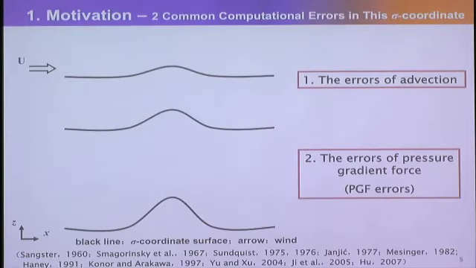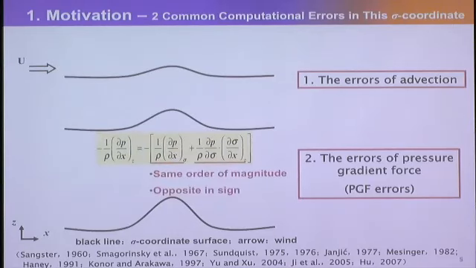There are two well-known computational errors in the sigma coordinate. First one is the errors of the advection, and the second one is the error of pressure gradient force. I want to show a little bit more detail where these two errors come from, because later on in my new coordinate, we're going to show how to avoid them.